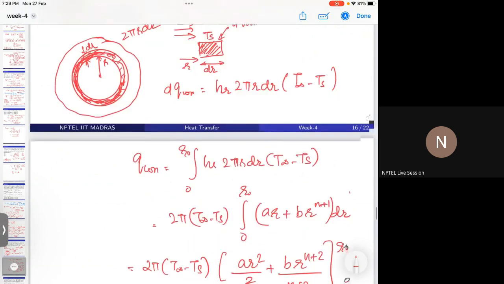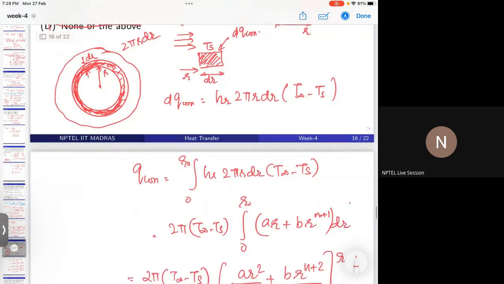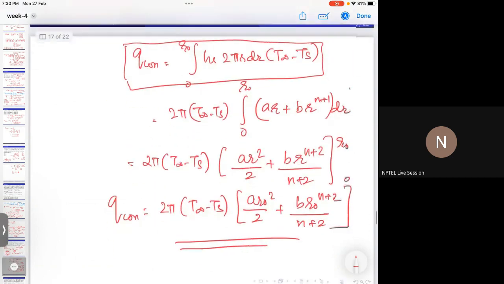So the only thing to look at is up to here. The rest is just the integration part.